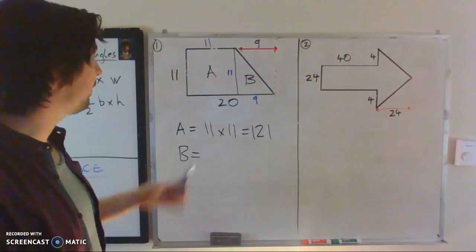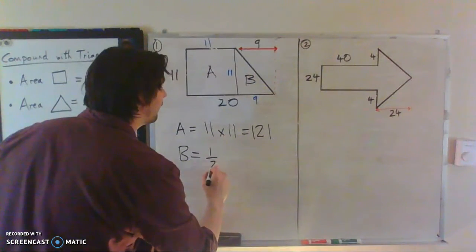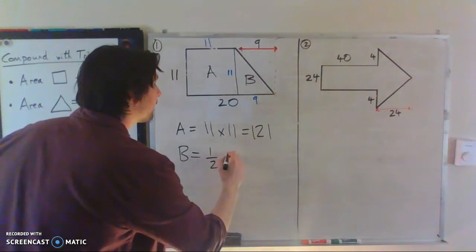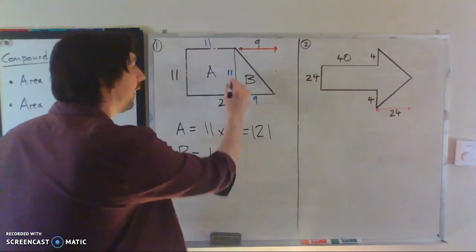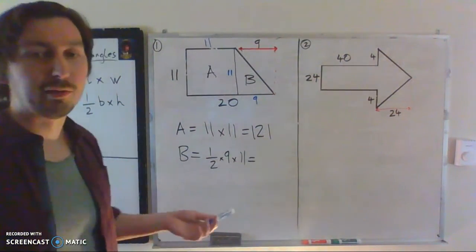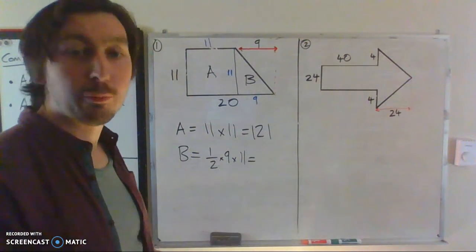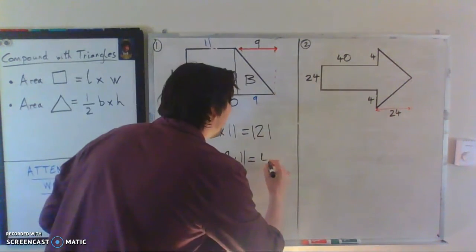So my part B is half of 9 times 11. So half times 9 times 11, and that gives me 49.5. Have it written down.